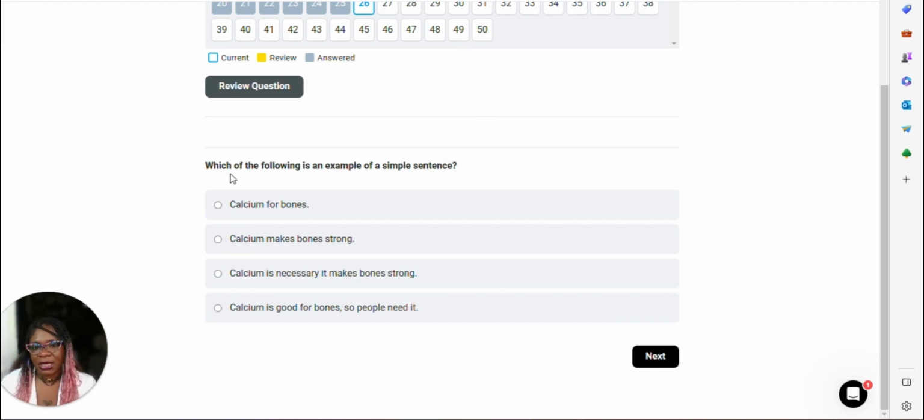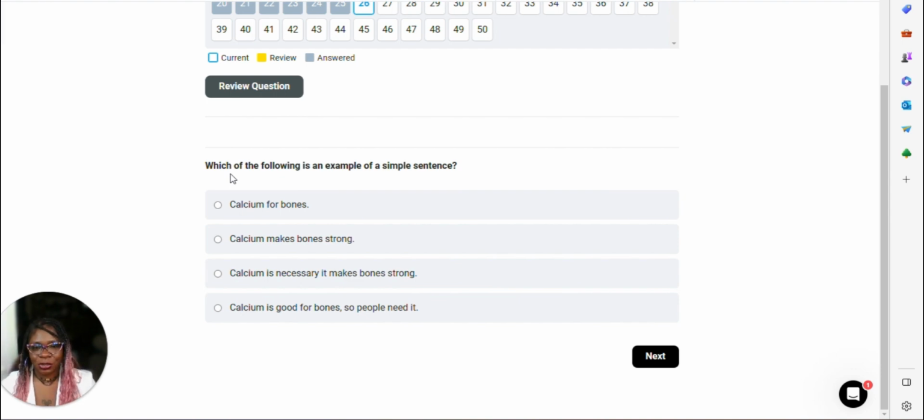Which of the following is an example of a simple sentence? Calcium for bones. Calcium makes bones strong. Calcium is necessary. It makes bones strong. Or is it, calcium is good for bones, so people need it?